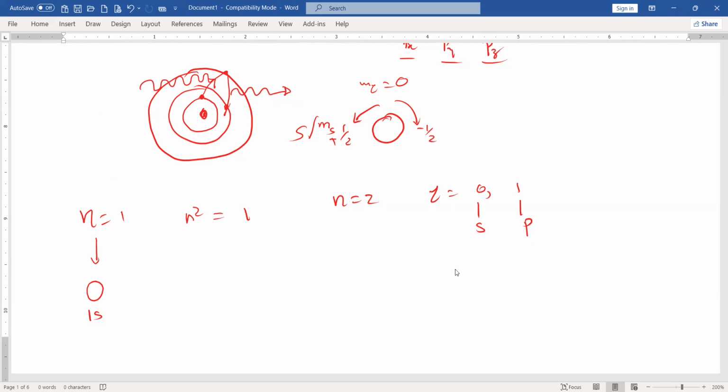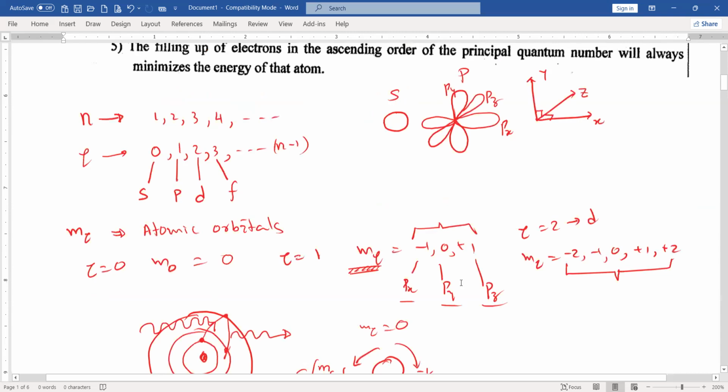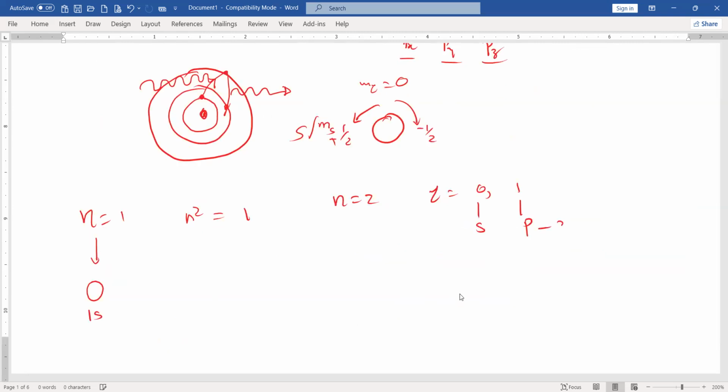s has only one atomic orbital and p has 3: px, py and pz. Altogether 3 p's and 1 s, so altogether 4. n squared equals 2 squared equals 4. So the number of atomic orbitals is given by n squared.